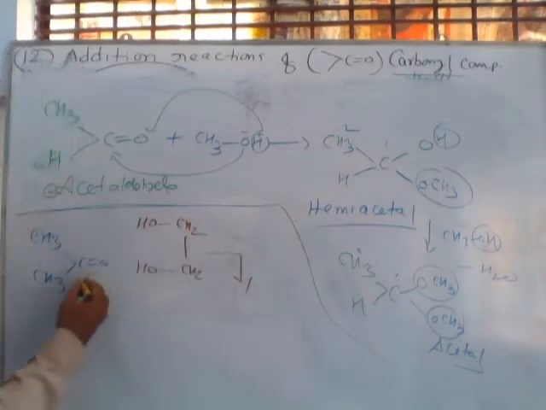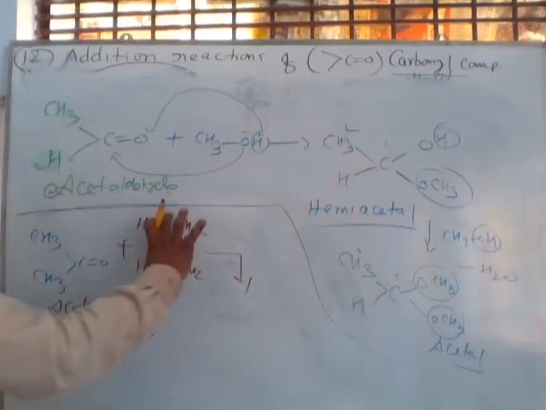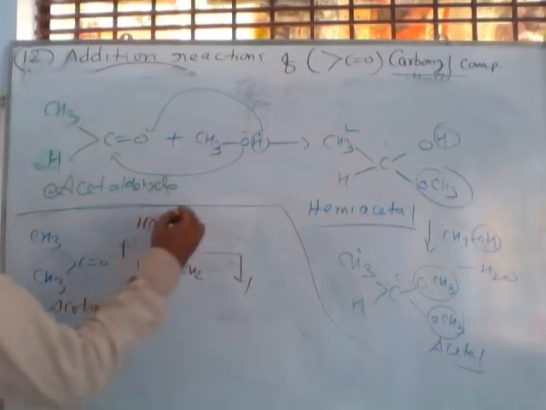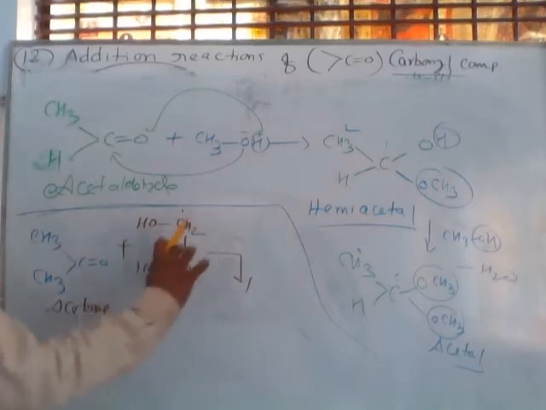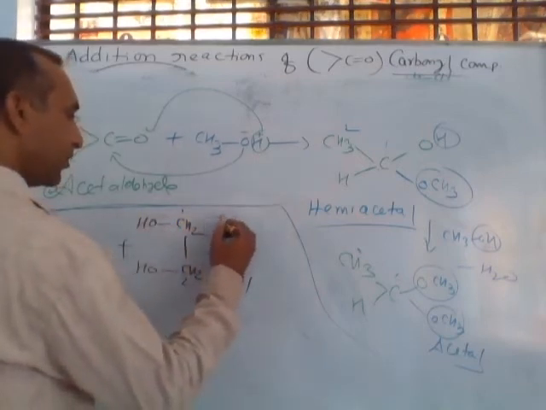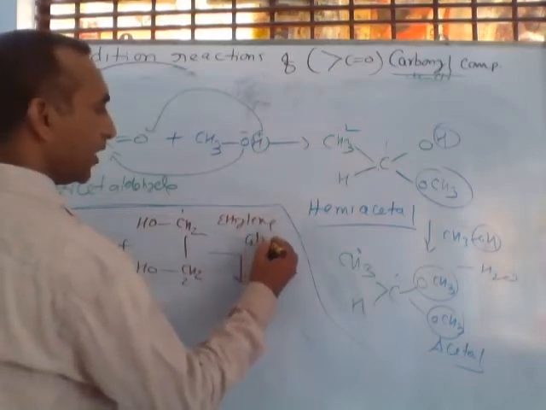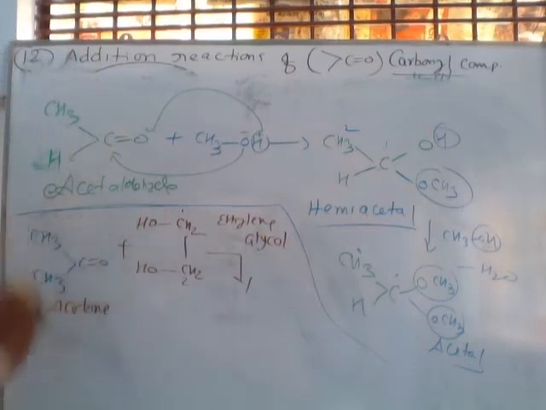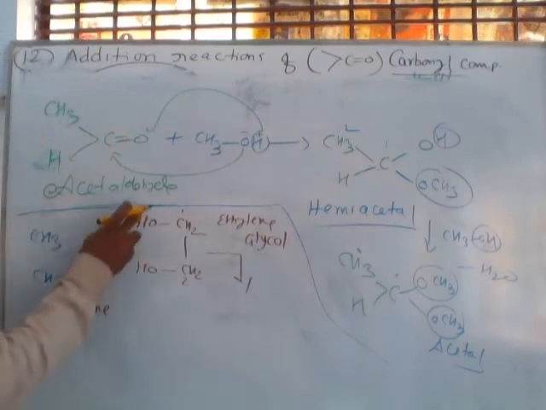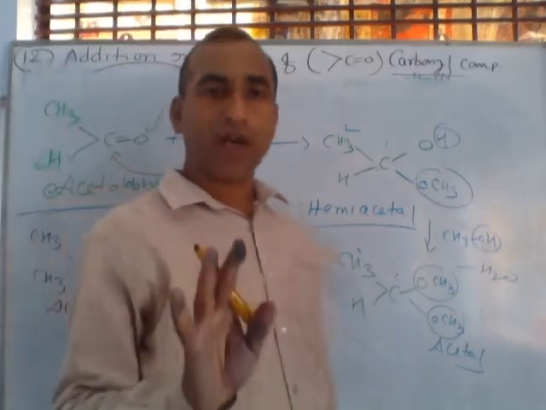For reacting acetone to prepare ketal, we should take this type of compound. This is 1,2-dihydroxy ethane. Otherwise you can say this is called ethylene glycol. So in exam they ask what happens when ethylene glycol reacts with acetone. For acetone, dihydroxy means dialcohol we are using.